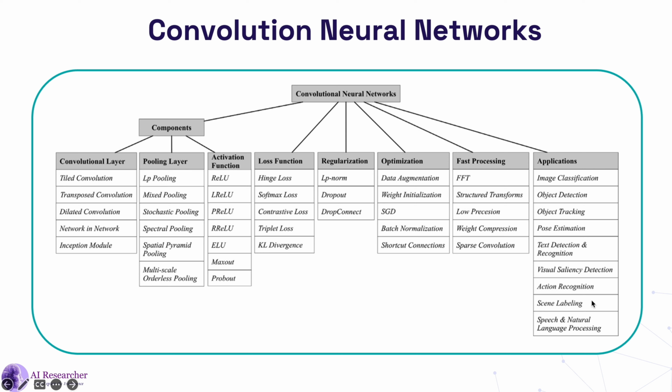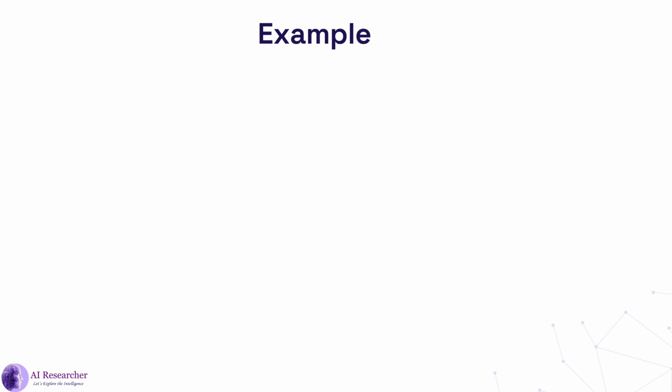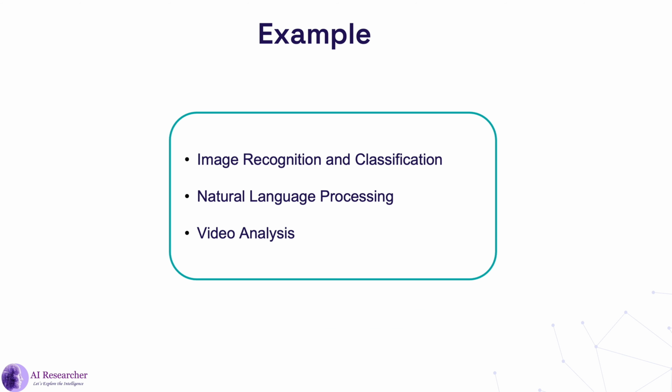This is the overall summary of the methods. And I can just highlight a few examples. Convolutional neural networks can be used for image recognition and classification. They are also used for natural language processing and video analysis.